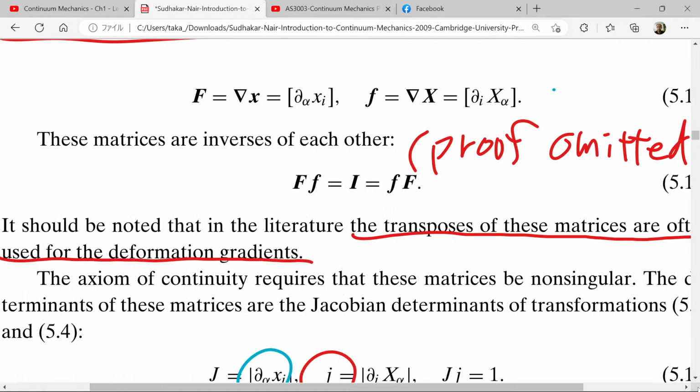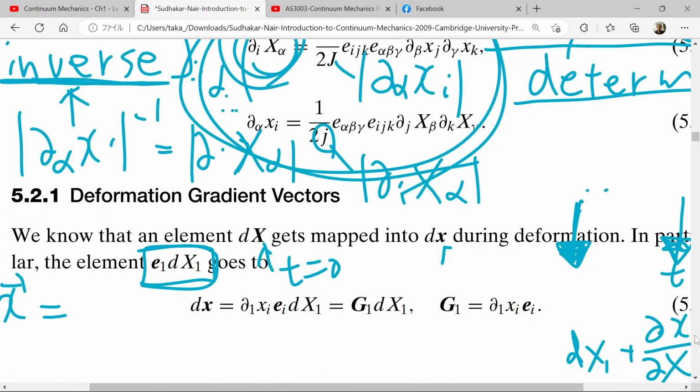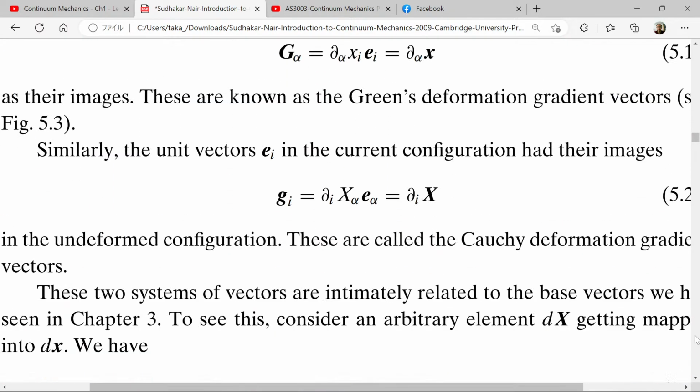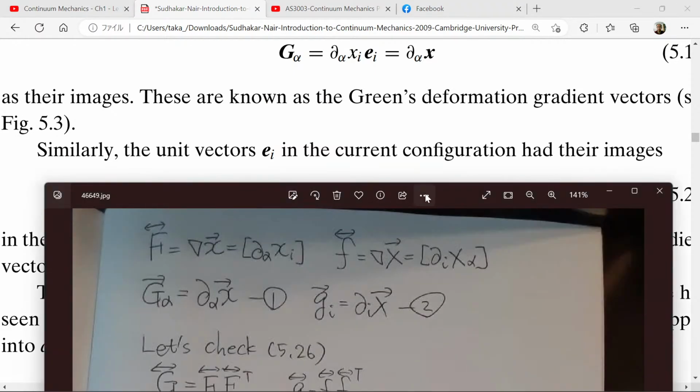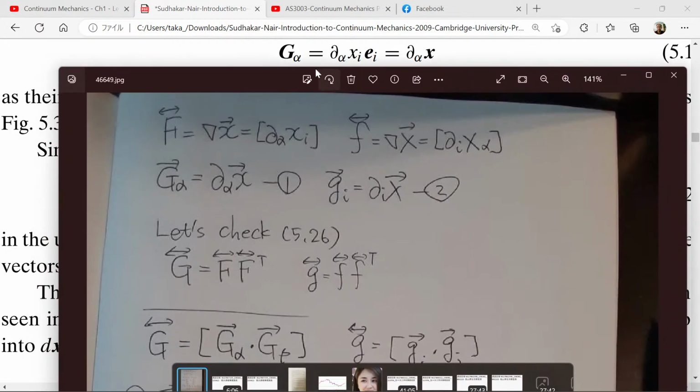So the next thing I want to check is G. Okay, the definition of G is here, right? So G goes like this. The conclusion is partial alpha x, and x is a vector. Should be okay, right? And because x is a vector, g alpha is a vector.